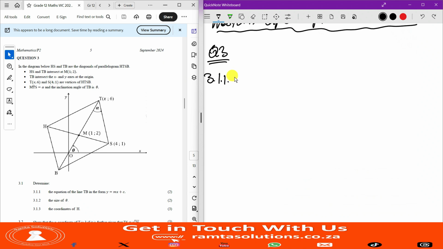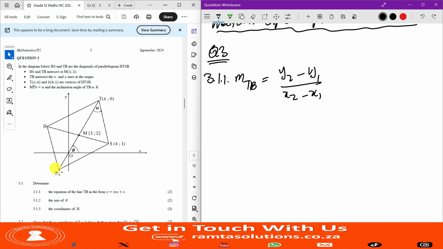So the gradient of TB, I will use y2 minus y1 all over x2 minus x1. We don't have the coordinates of B, so we'd rather use the origin and M. For example, the y value of M is 2 and the origin is 0.